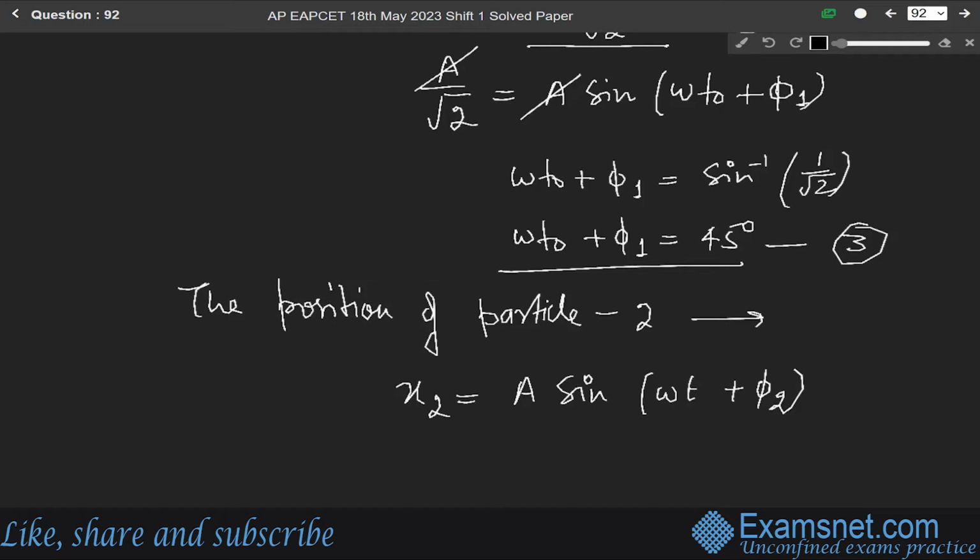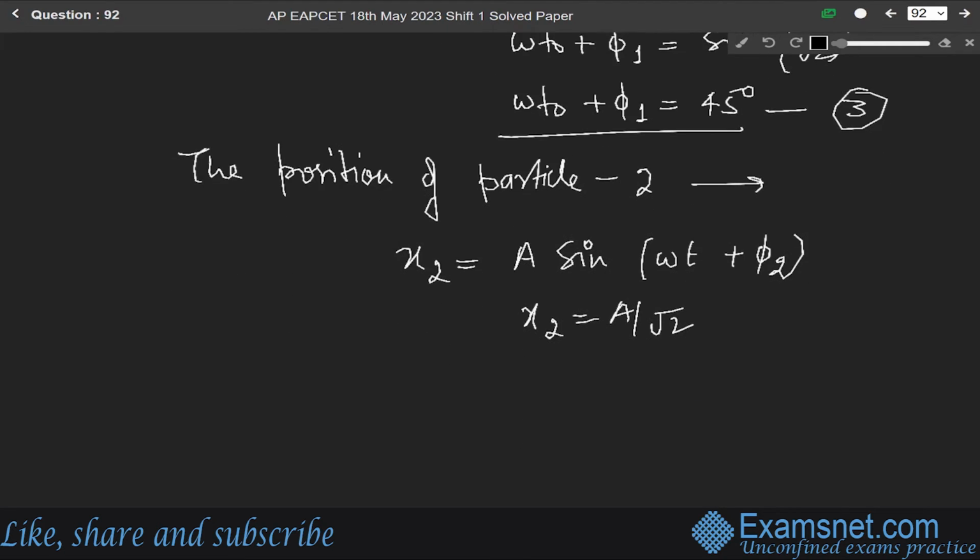So according to the question, when the particle was moving in the opposite direction, x2 equals a by root 2. Now putting this value of x2, a by root 2 will be equal to a sine of omega t naught plus phi 2.